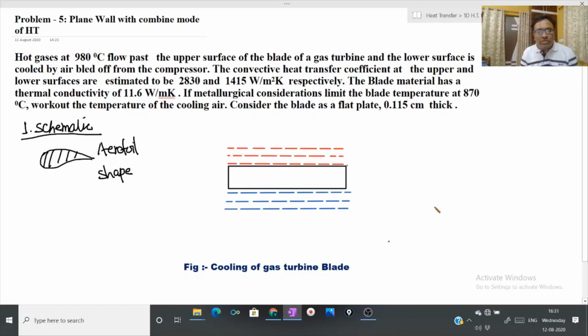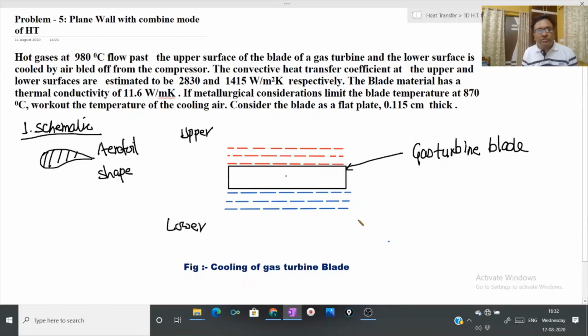So this is nothing but the gas turbine blade under consideration, which is of flat plate shape. Now let's say this is the upper side and this is the lower side.